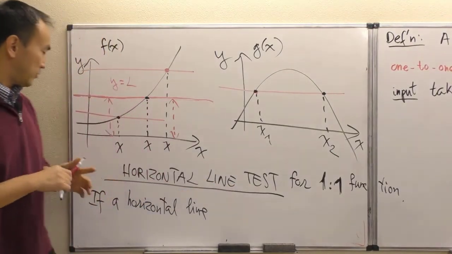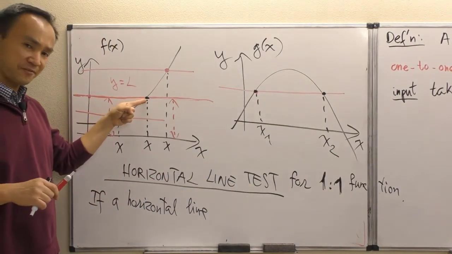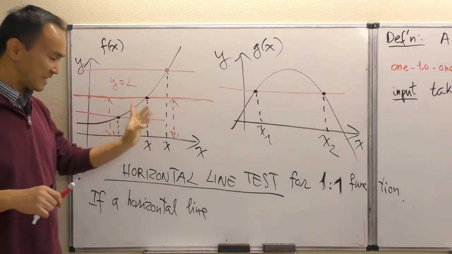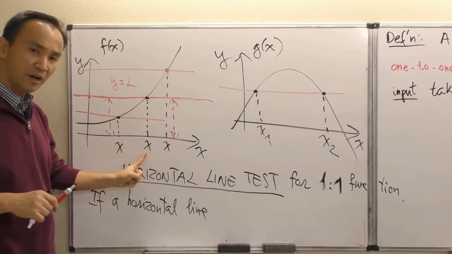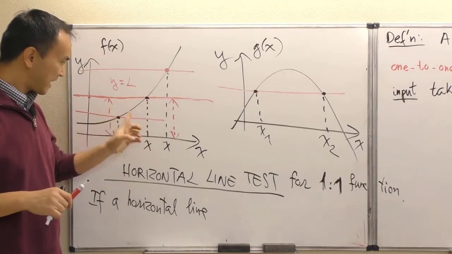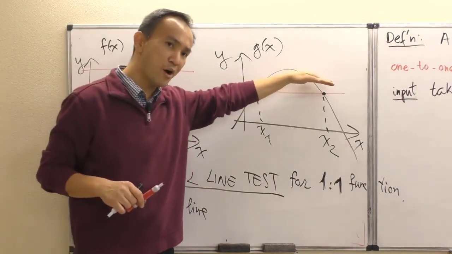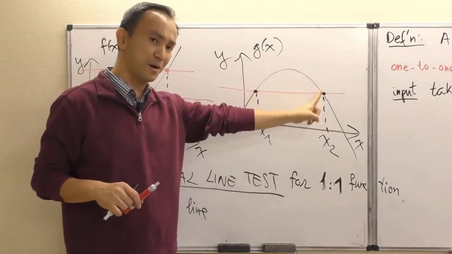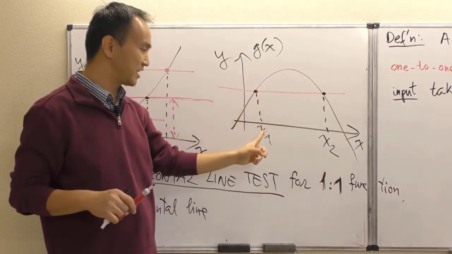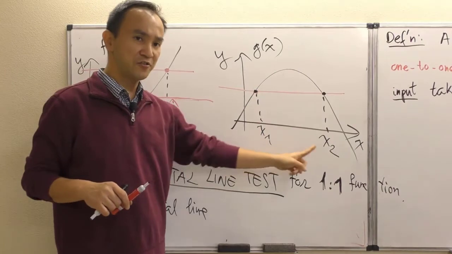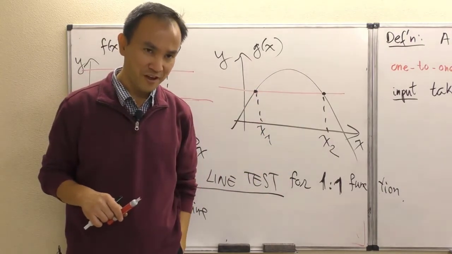If the horizontal line crosses the graph at one point, then it's indicating it had only one input. That output came from one input. But if the horizontal line crosses the graph at more than 1 point, then that means it's not 1-to-1. The function fails to be 1-to-1.